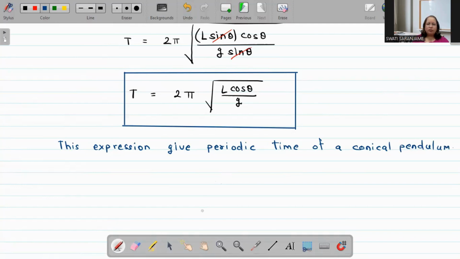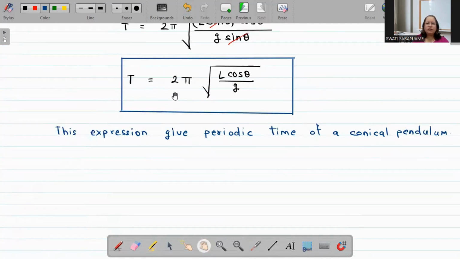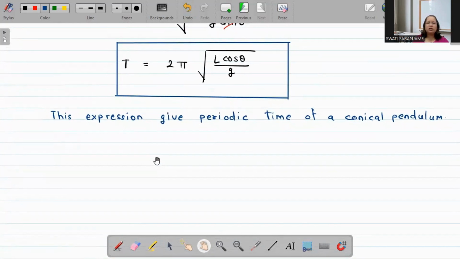Now, moving ahead of this, we know periodic time is related to frequency also. Periodic time is the time taken by that object, here a conical pendulum, to complete one revolution. And frequency is the number of revolutions completed or performed in 1 second.